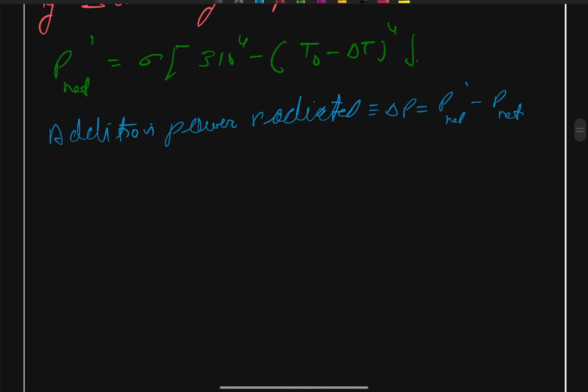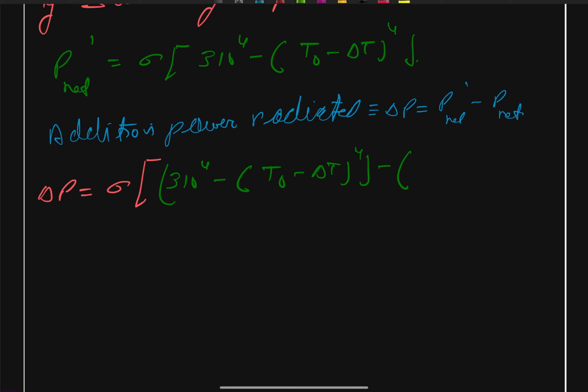We substitute both, and we get delta P. We are going to have this Boltzmann constant as common, and this will be 310 raised to power 4 minus (T naught minus delta T) whole raised to power 4.